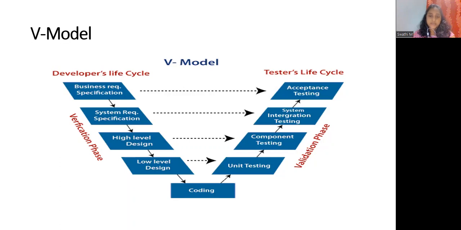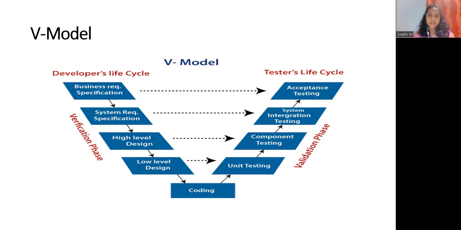Here the codes are tested and verified by the individuals, and they communicate with themselves. So here system integration testing is introduced. What happens is that the developers or testers decide themselves which testing should be done. So only they communicate among themselves.